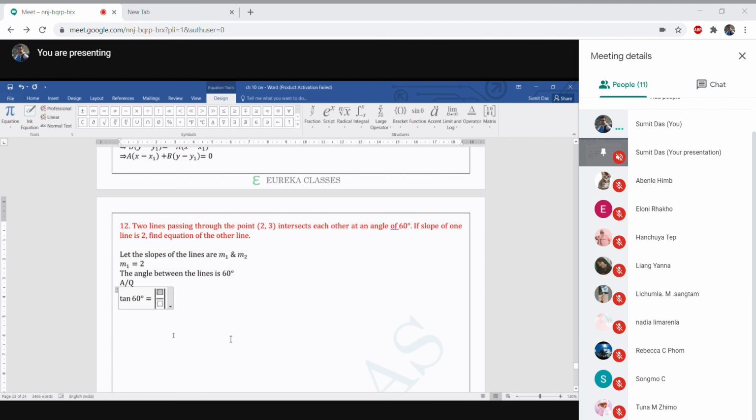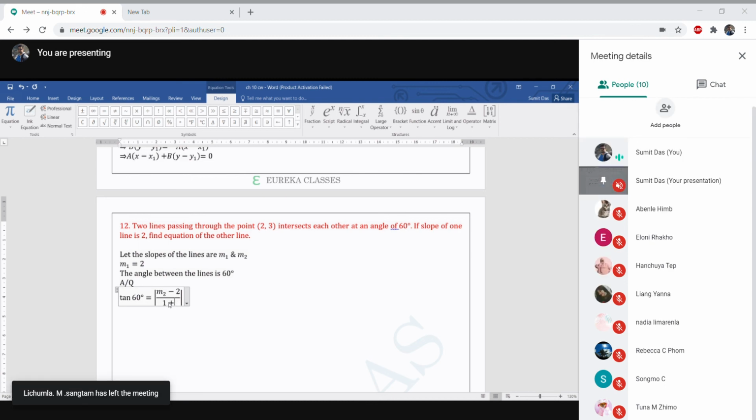M2 here is unknown, so we write m2 minus, what is m1? 2, then 1 plus m1 into m2, same.